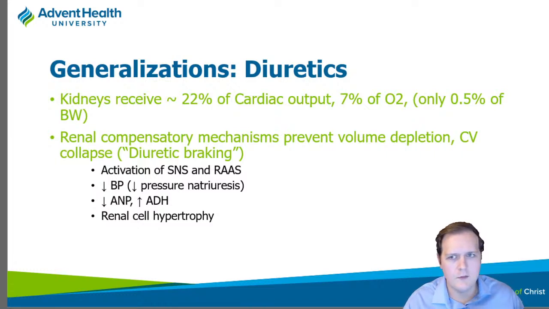It's all part of homeostasis, this negative feedback loop, where they can activate the sympathetic nervous system. They can affect the renin-angiotensin system, which we're going to talk about much more extensively later on. It can affect a whole number of different things, ADH, all kinds of things. So it's important to understand: if we introduce something like a diuretic into the system, what is the body going to do to compensate for that?